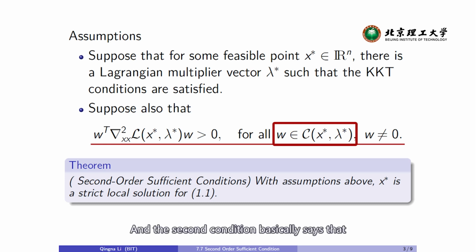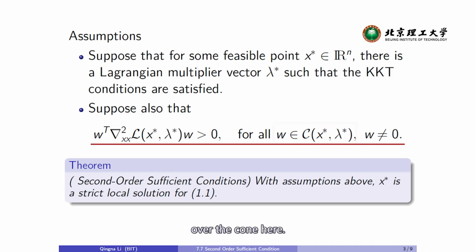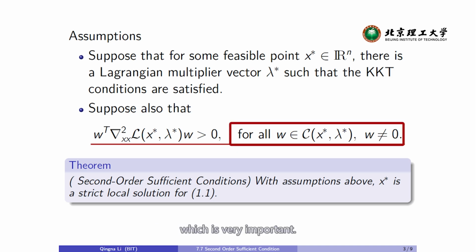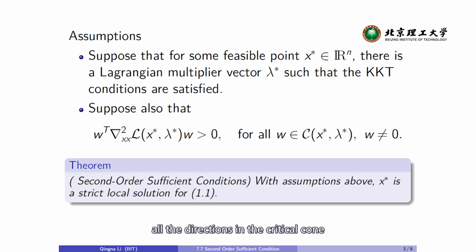The second condition basically says that the Hessian matrix of the Lagrange function is positive definite over the cone, which is very important. In other words, all the directions in the critical cone are increasing directions in terms of the Lagrange function.